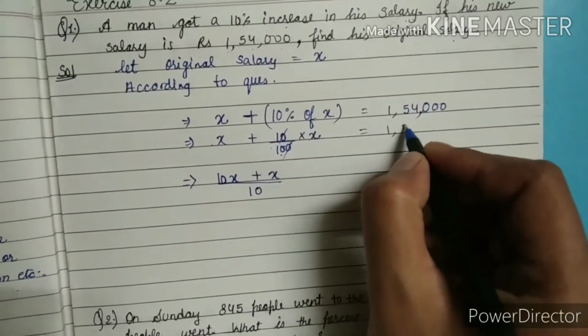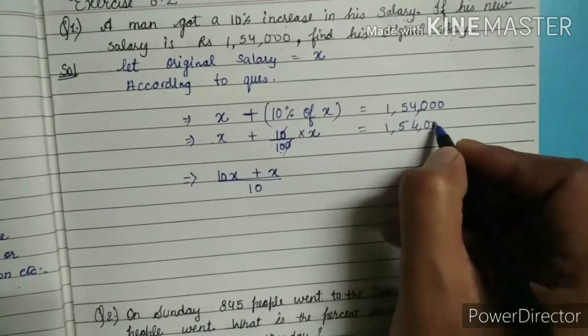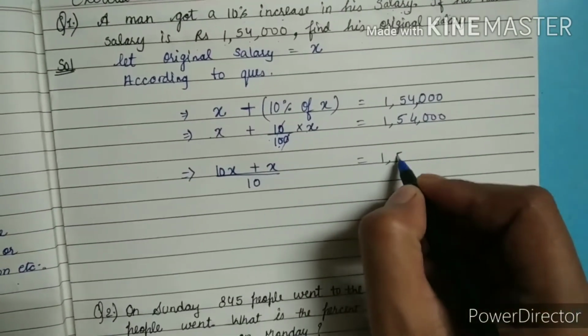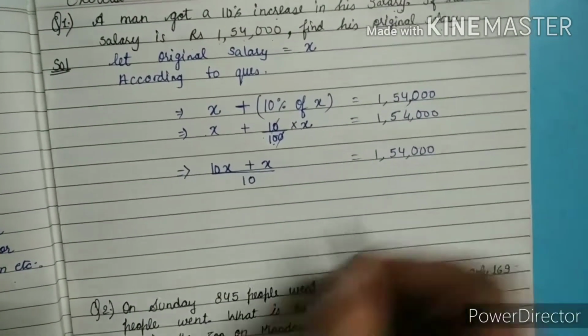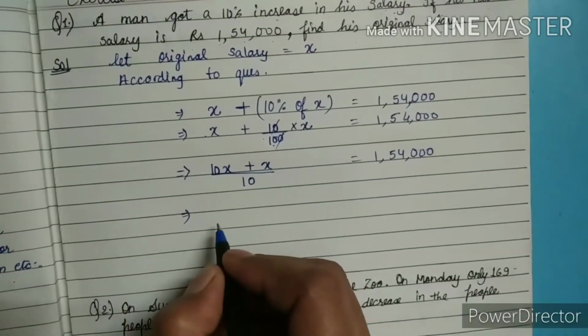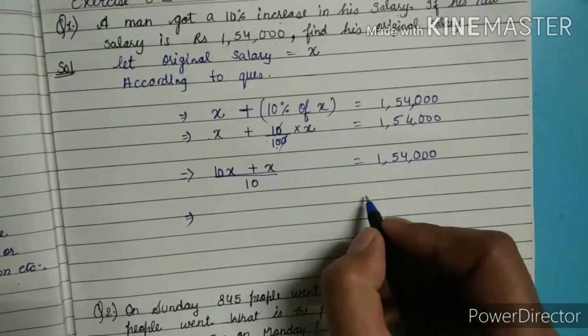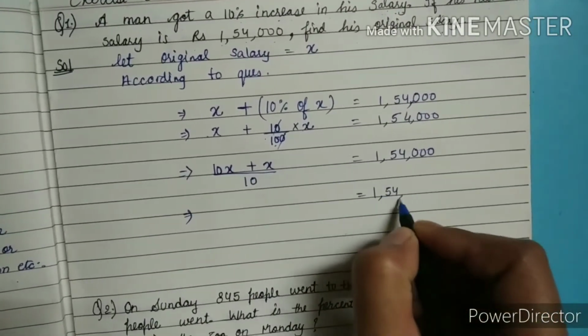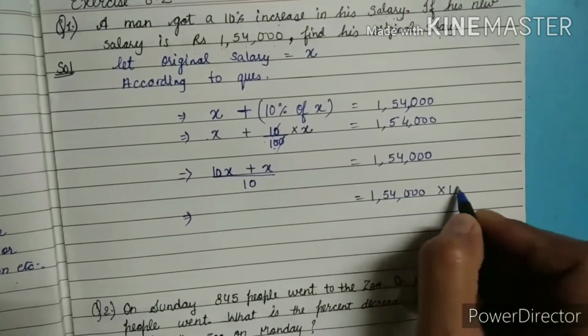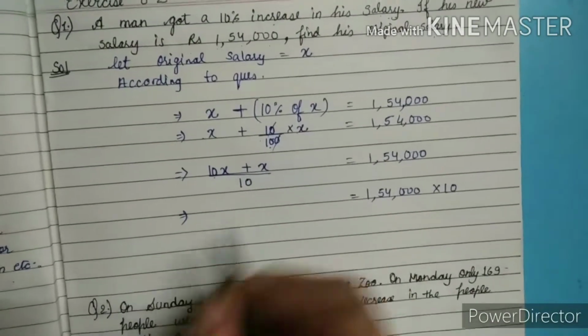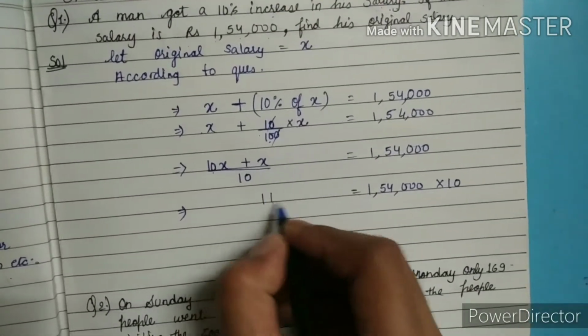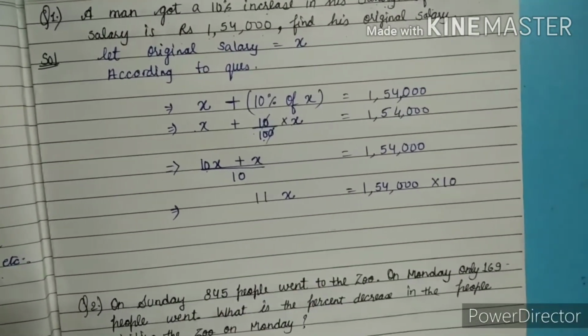On the opposite side, 1,54,000 remains. Now the division of 10 will go to the opposite side in multiplication. So 1,54,000 will be multiplied by 10, and 10x plus x will give us 11x.